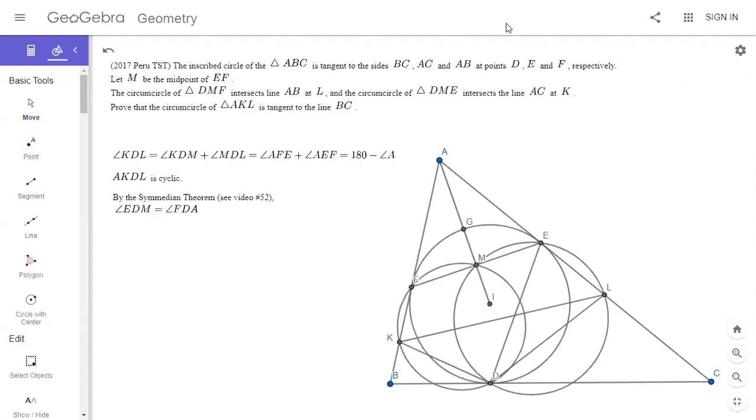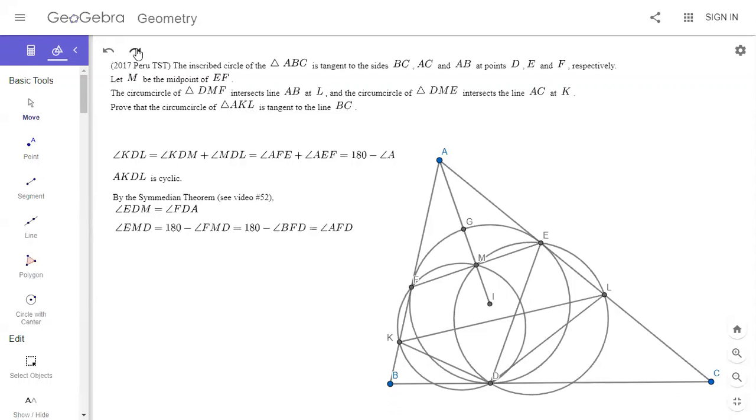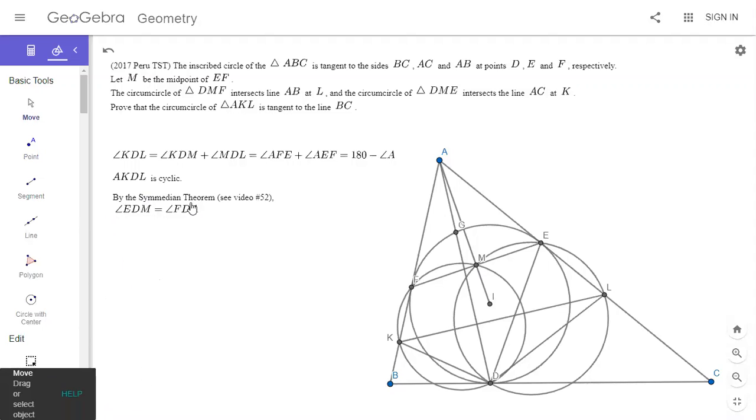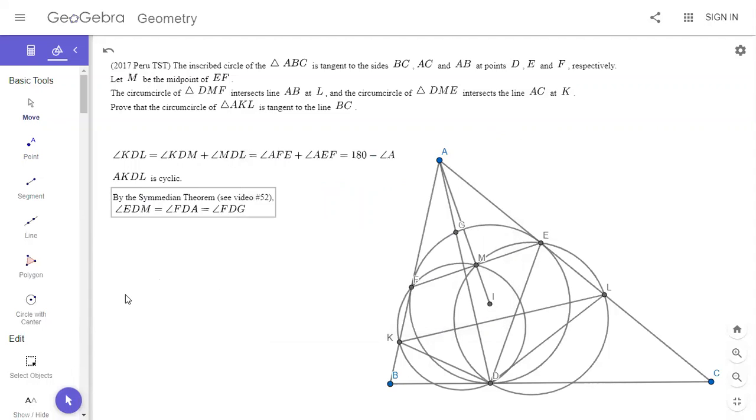Let me go back. Instead of A, it should be AD. Oh yeah, I'm sorry. So we want to draw the intersection of AD with the incircle. We want to show EMD is similar to GFD. All right.